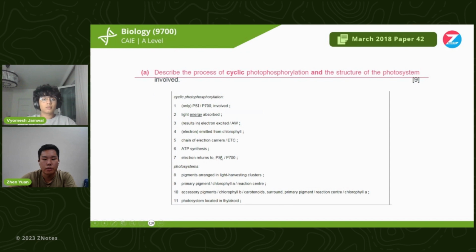And your electron returns to photosystem 1, back to your reaction center.